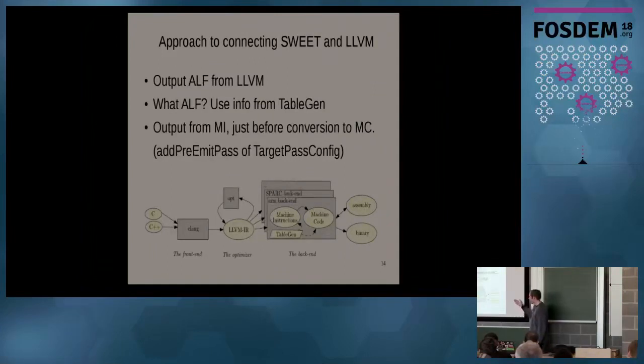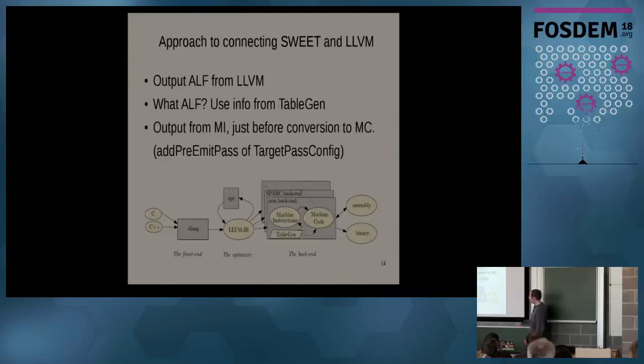Okay, so in machine instructions, that's where you do have the control flow graph, and the idea here was to go from the machine instructions to ALF code at the very last moment, when all the optimizations are done, when you pretty much can say it will be the same as what you output to the binary.